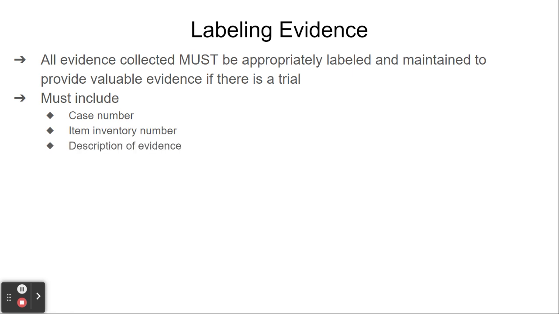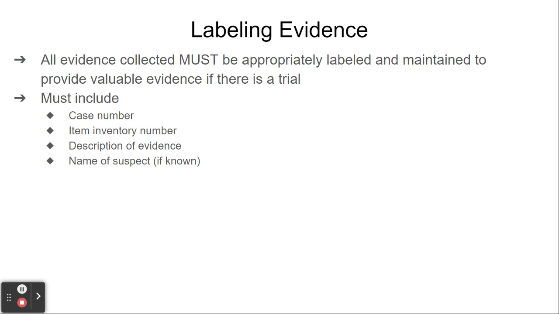What the item is that's in there. So we have a blue and white striped T-shirt that was recovered at blah blah blah, whatever it might be, or it was recovered from a washing machine in the residence at whatever. Right? That's going to be a description of what that is.